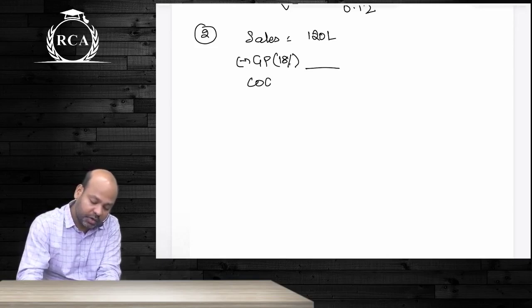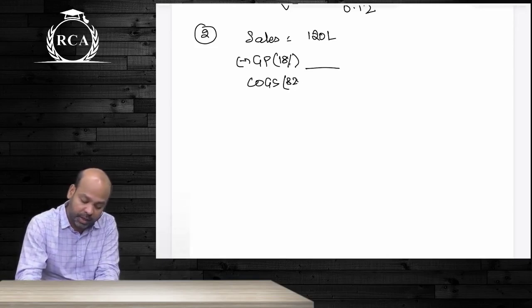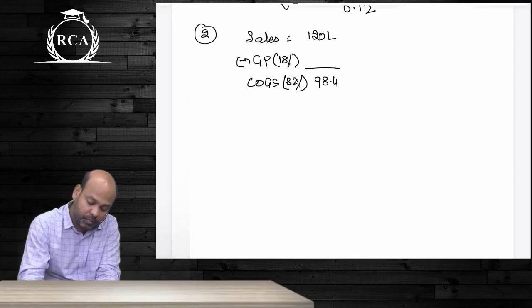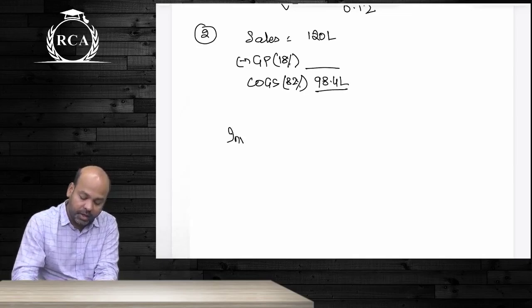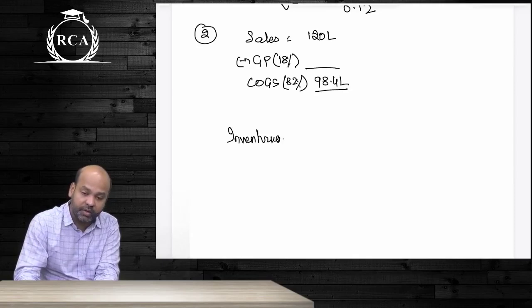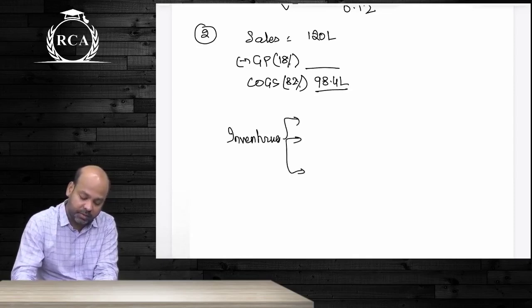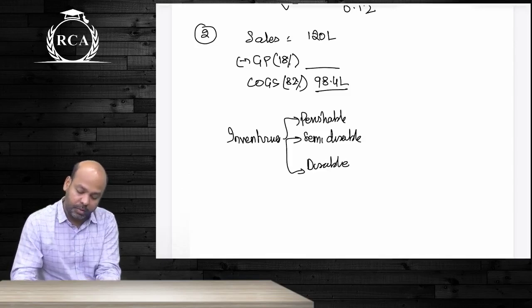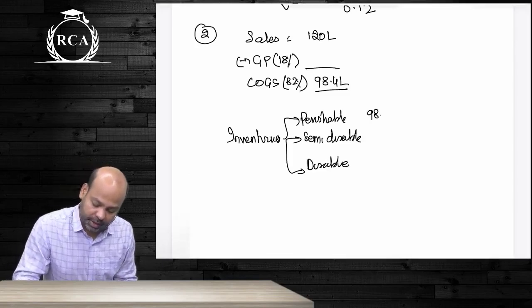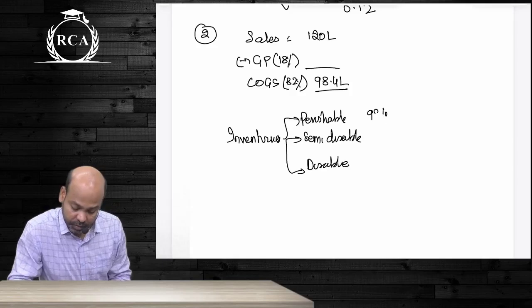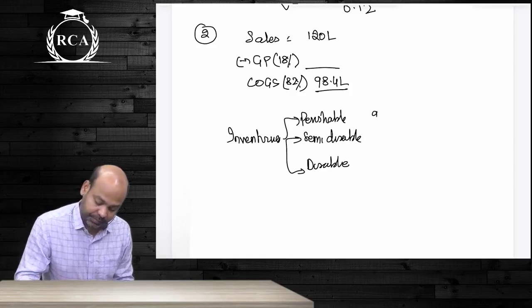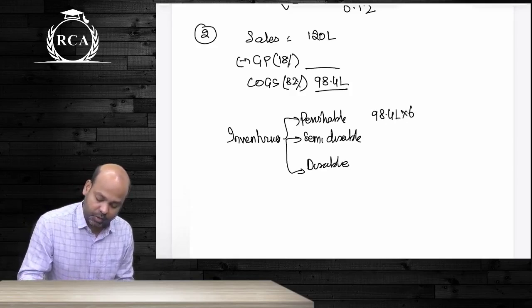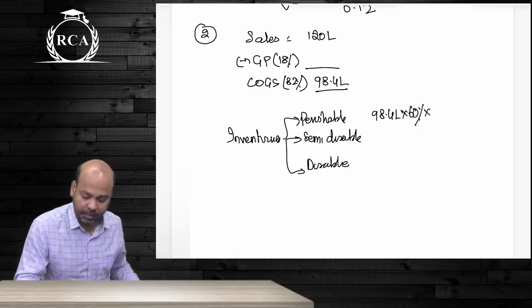How much is your COGS? 98.4. Inventories COGS, they have divided into three parts: perishable, semi-durable, and durable. For perishable, you are going to write 98.4 lakhs into 60%. What is your inventory holding period for this?